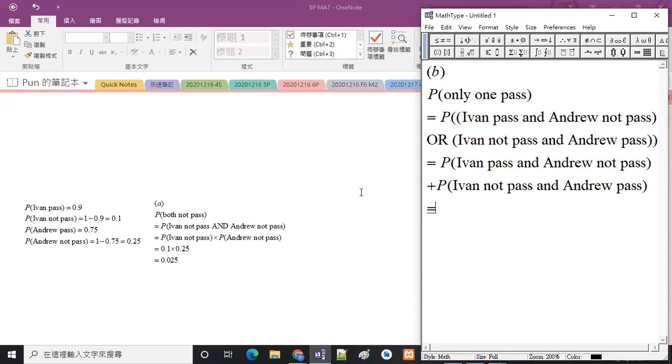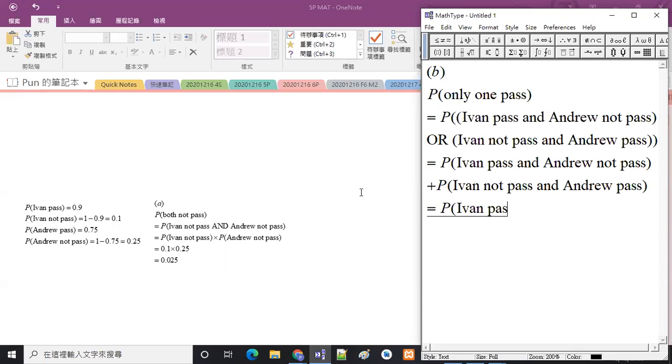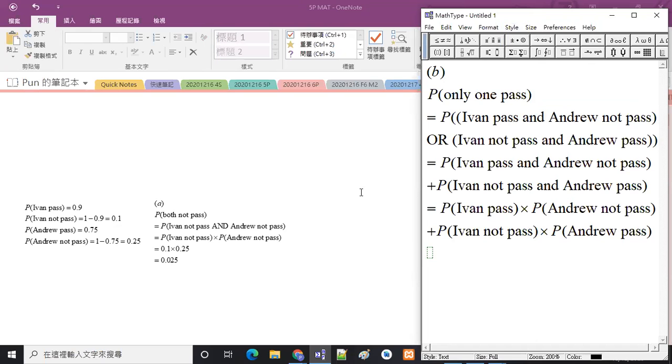In the first case, we need Ivan to pass, but they are connected by "and", at the same time, so we just multiply the two probabilities together: P(Ivan pass) times P(Andrew not pass), plus P(Ivan not pass) times P(Andrew pass).